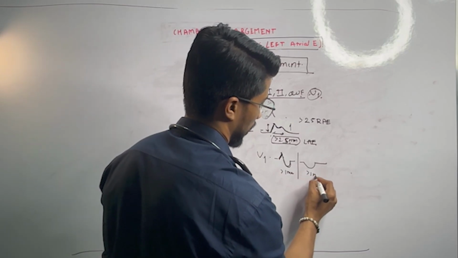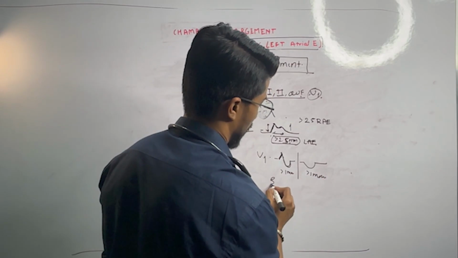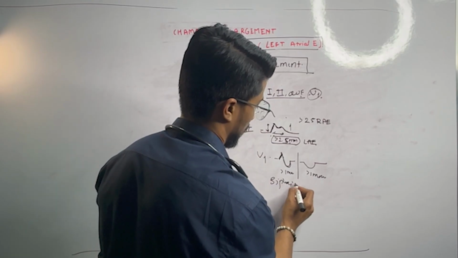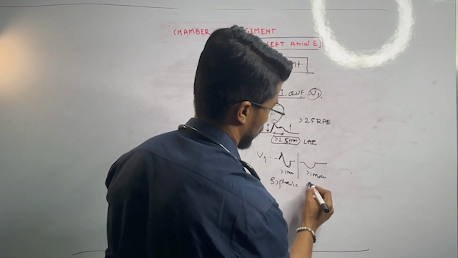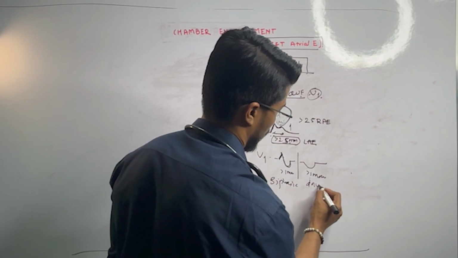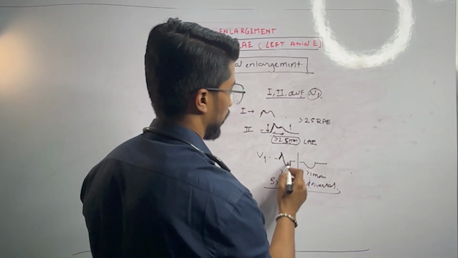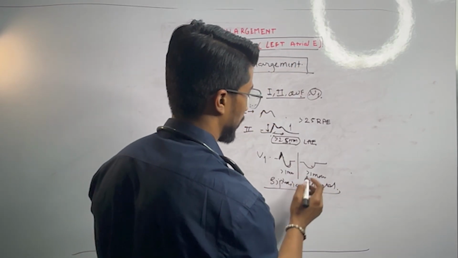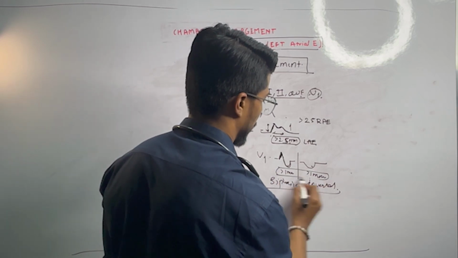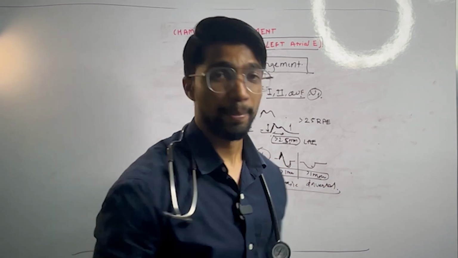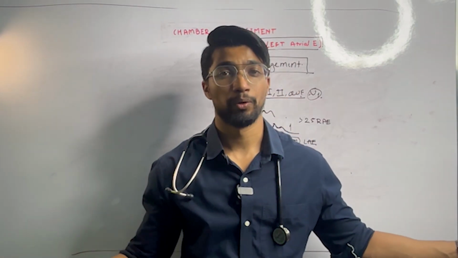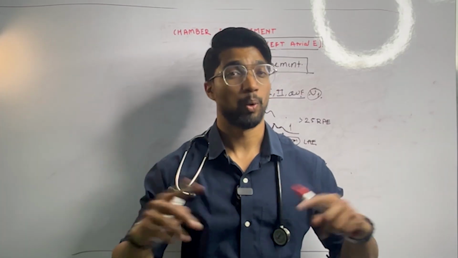Similarly here, more than 1 mm if it's biphasic, or if it's inverted. Both times it's going to be either biphasic or inverted, but more than 1 mm in lead V1. And that's it, folks. That's all about your chamber enlargement overall.